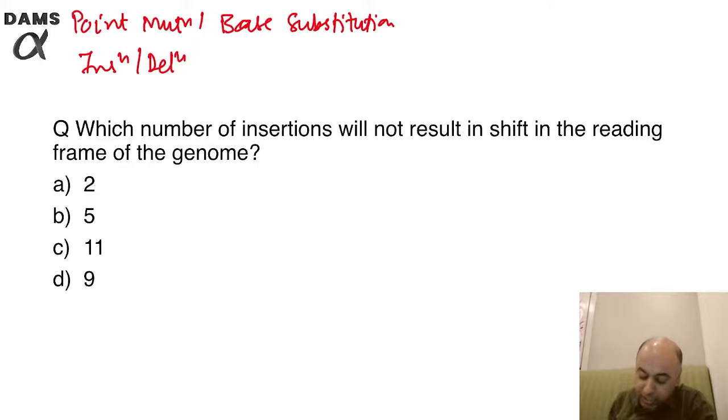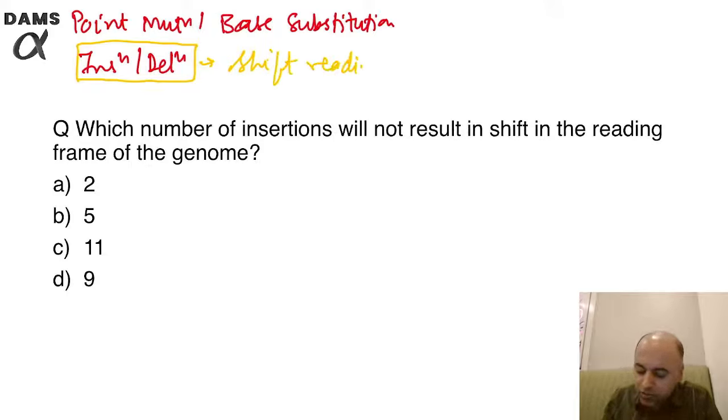Now about the insertion-deletion, there is a very peculiar phenomenon. Normally when there is insertion or deletion of nucleotides, there is a shift in the reading frame of the sequence of nucleotides.